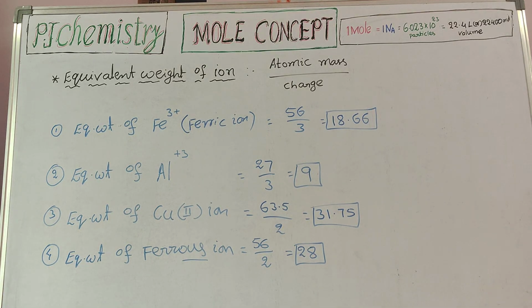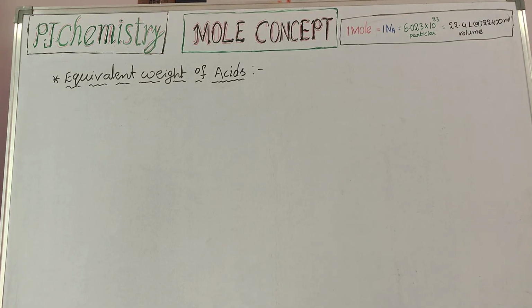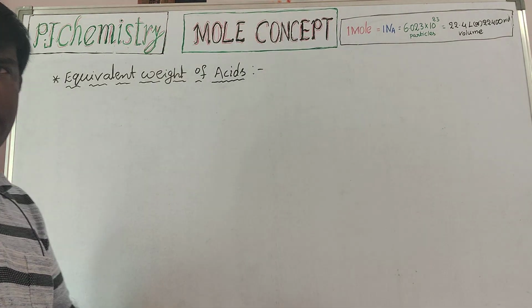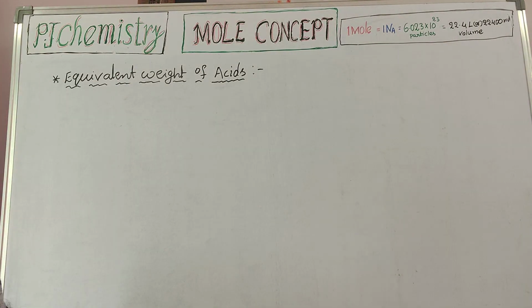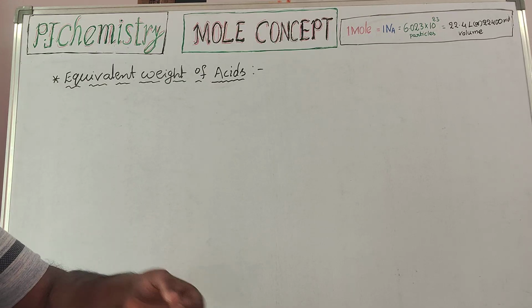Now we will go on to calculate the equivalent weight for acids and bases. For the equivalent weight of acids, if we want to find the equivalent weight of an acid, first we need to find the basicity of the acid. What is meant by the basicity of an acid?